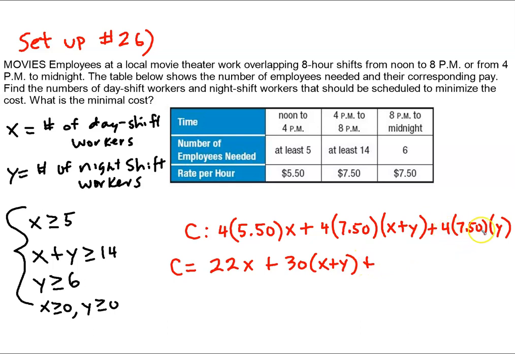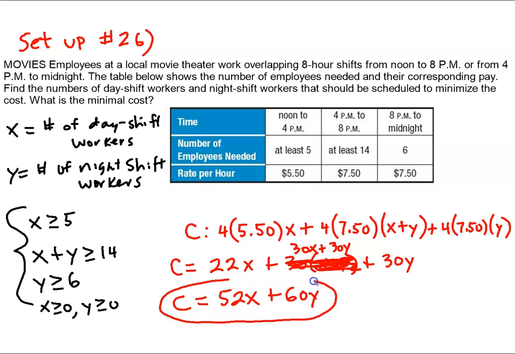And then 4 times 7.50 again, that's 30y. So taking it one more step, because we can distribute here, let's just think about this as 30x plus 30y. And now come up with a like terms combination. So 22x plus 30x, that's 52x. And then 30y plus 30y is 60y.